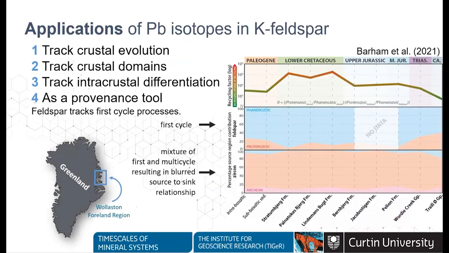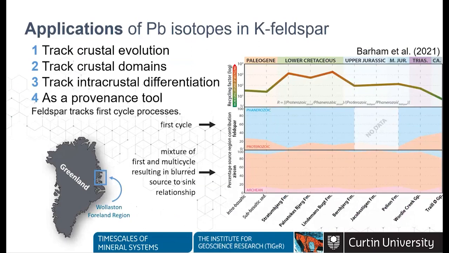One last example I want to talk about, and I think we might hear about this in more detail later, is using lead isotopes as a provenance tool. This is going to be short because I thought that you would probably talk about it.